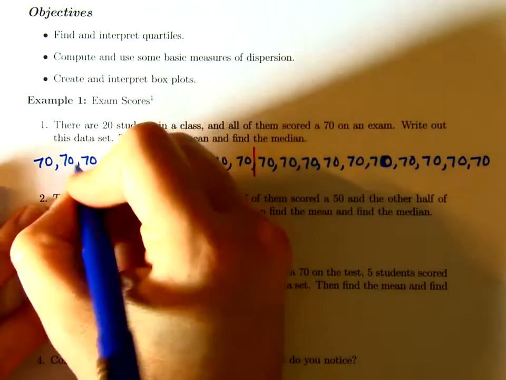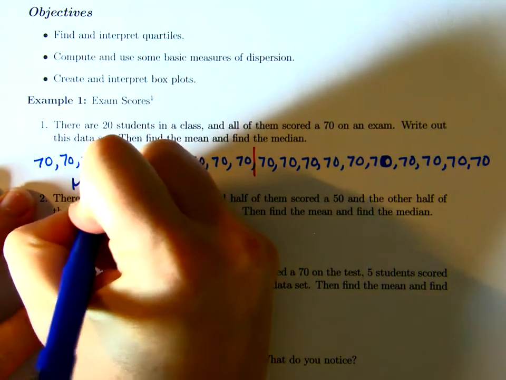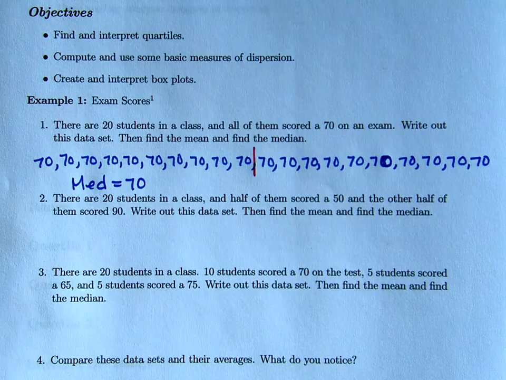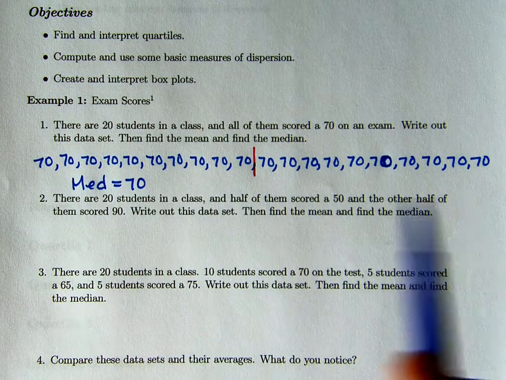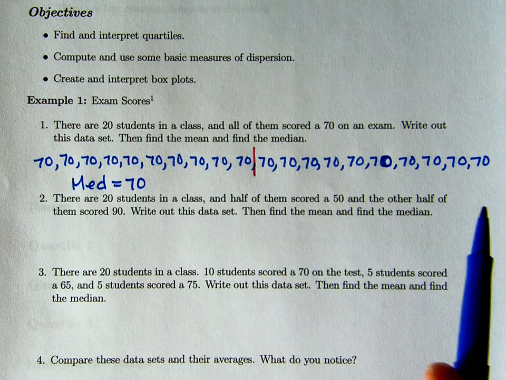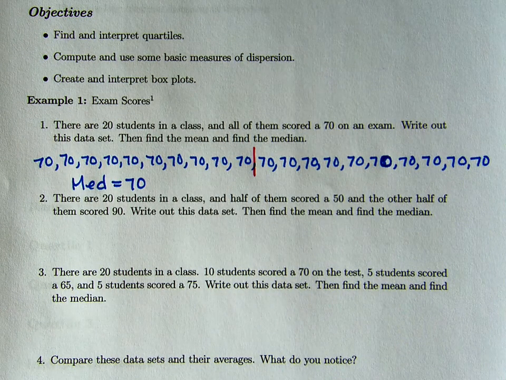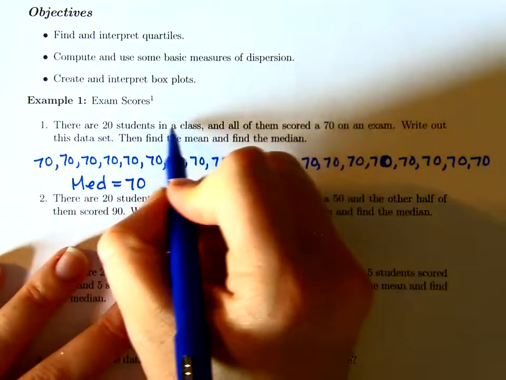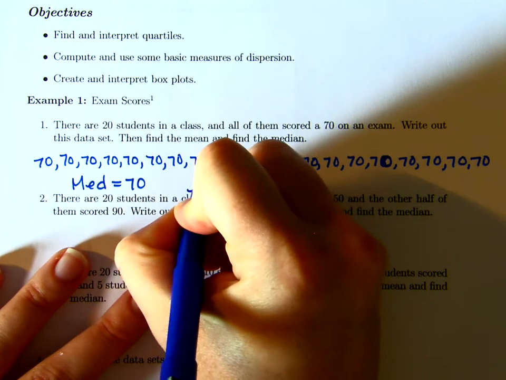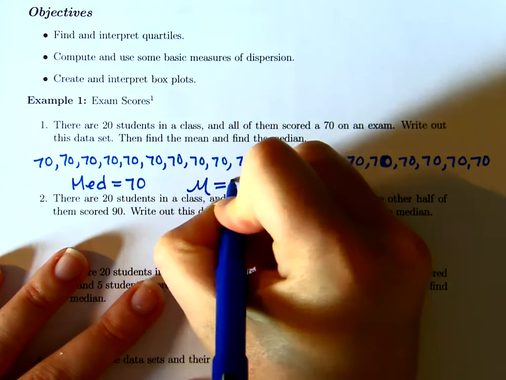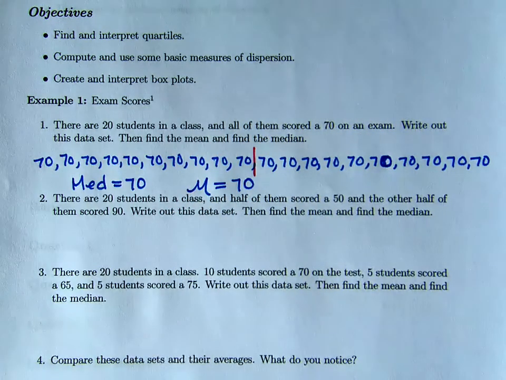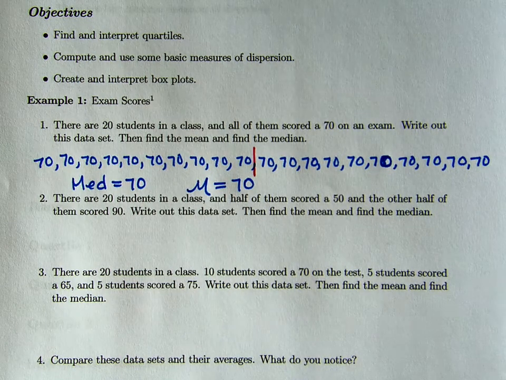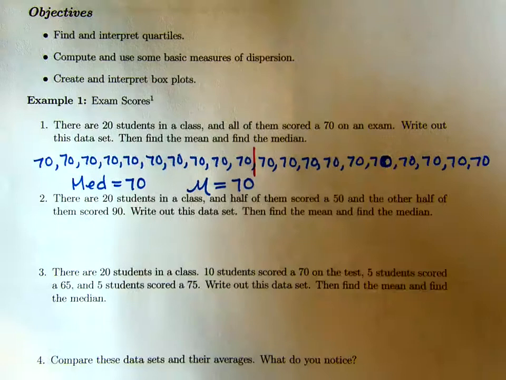So immediately, I don't even have to do anything. The middle number is 70. And if you add up all of these 70s and divide by how many 70s, on average you will get a 70. So the mean here, 20 students in a class, and this is all of them, so I'm going to use a mu, is 70.